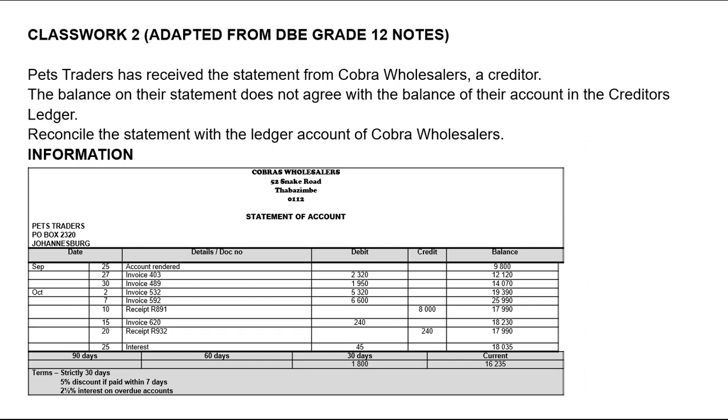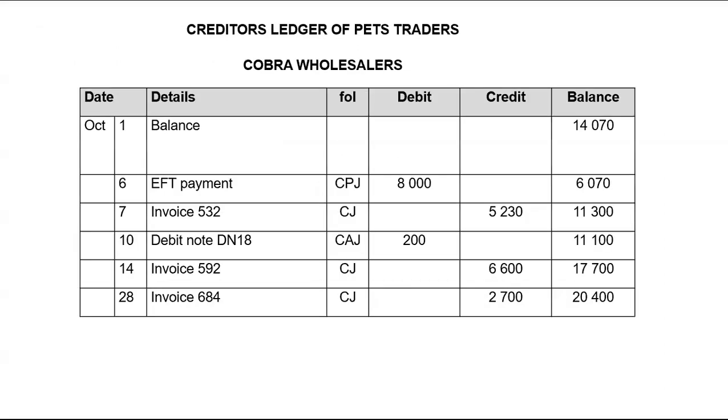All right, try this one out. So we are Pets Traders and our creditor is Cobra Wholesalers. So this is the statement we received from them. It's like a debtors ledger we received from them. And this is the creditors ledger that we prepared. So this is what we think we owe them.